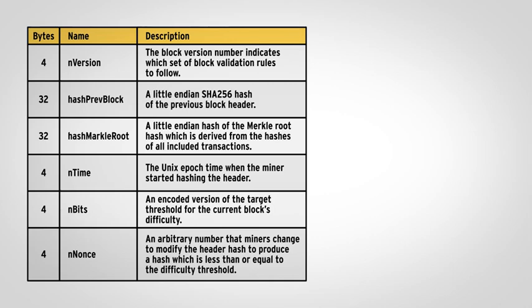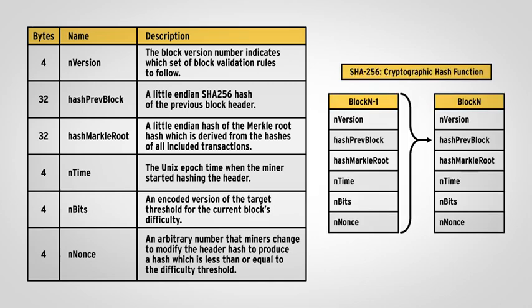So now let's look at the block header. What a block header consists of, and this one is important. We have this notion of a hash of the previous block. So that's how in block N, we create a link to block N-1. We have a hash Merkle root. I'm going to explain this in a minute.